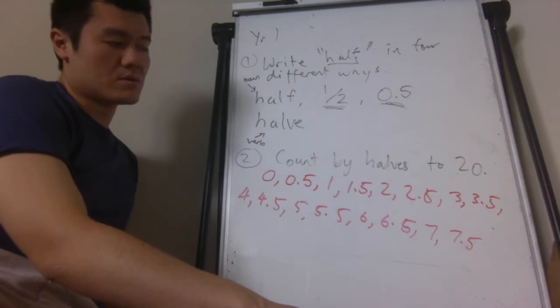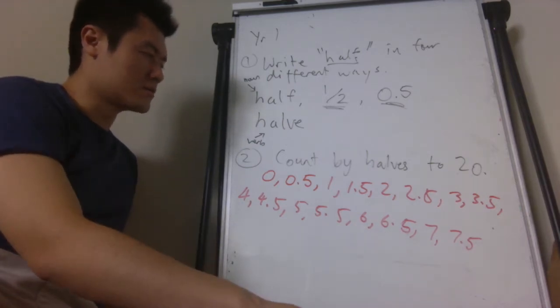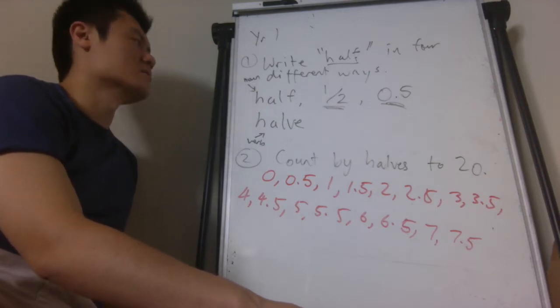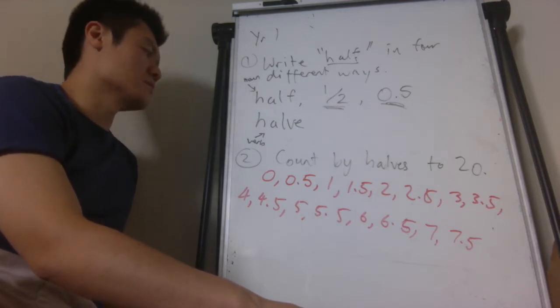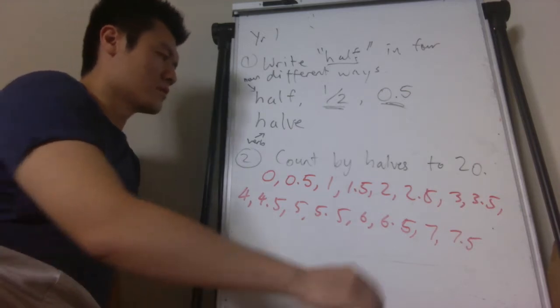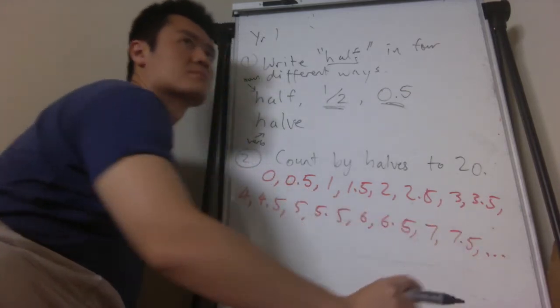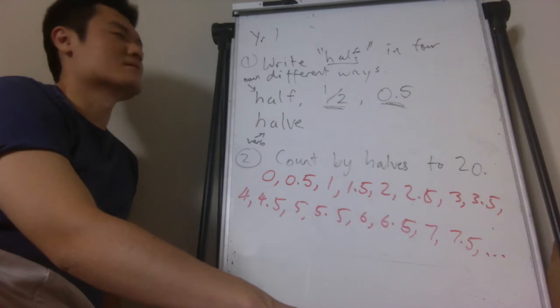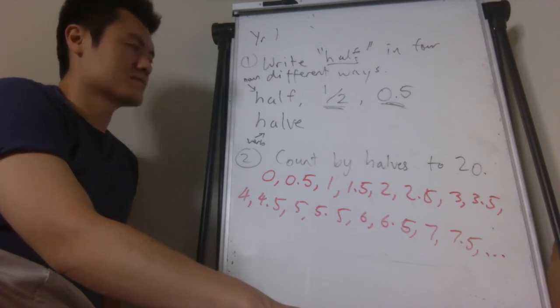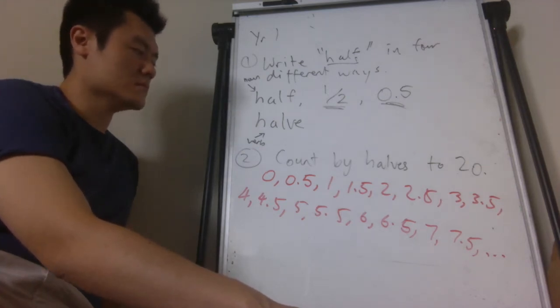And go all the way up to 20, okay? Well, you can go up to 10, or you can go up to 15. Or you can go up to 100. Not counting to 1,000. It's too much. You can't count to that.